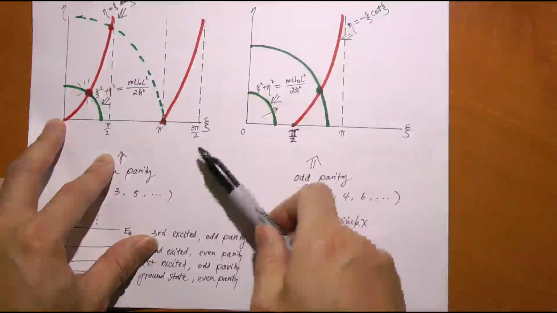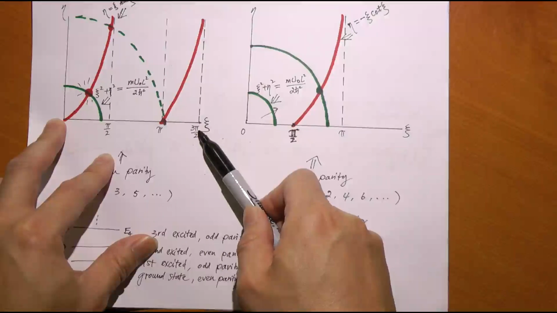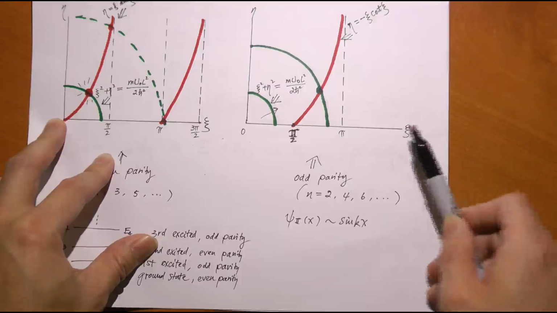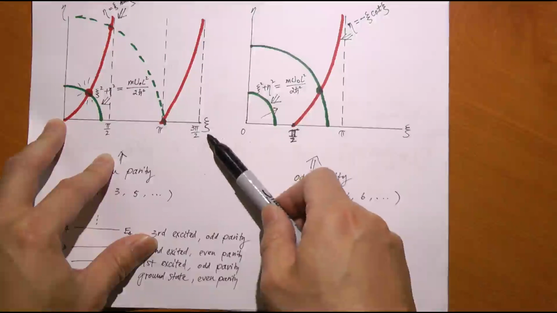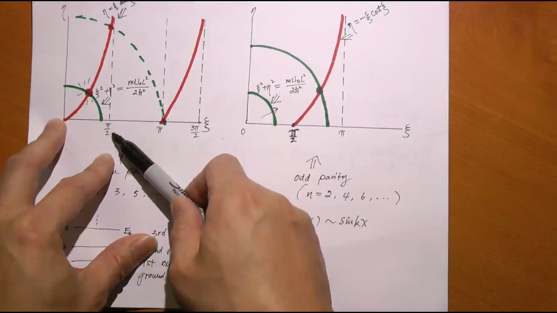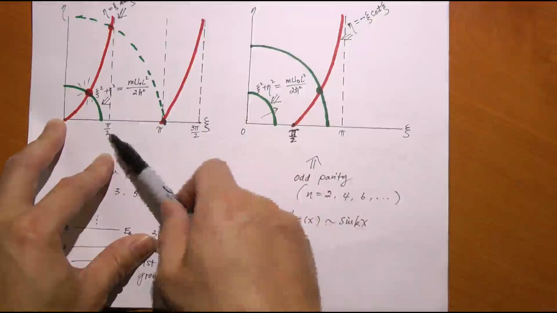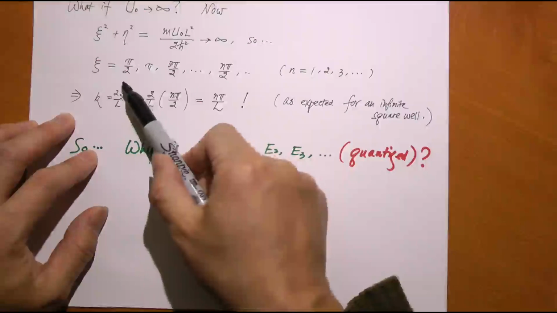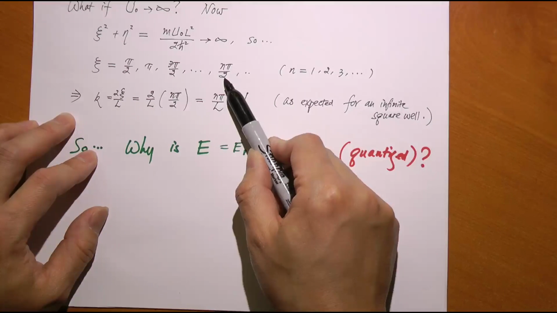This is where psi equals pi over 2, 3 pi over 2, and so on. And this is where psi equals pi, 2 pi, 3 pi, and so on. So in general, whether it's even or odd, we found that psi must be n times pi over 2. If n is an even number, we get this case. If n is an odd number, we get that case. So we go back to here. Psi must be a multiple of pi over 2. That is the solution.